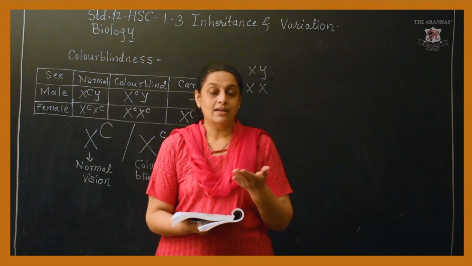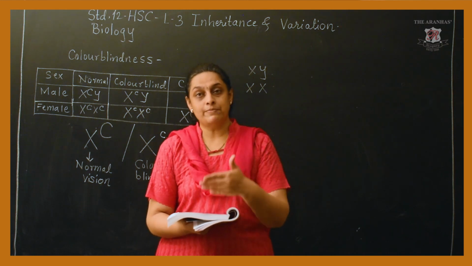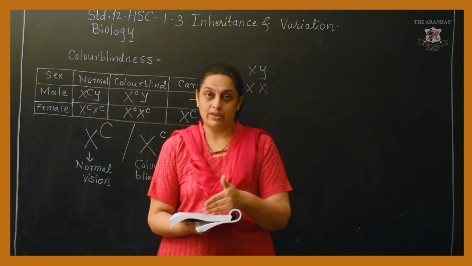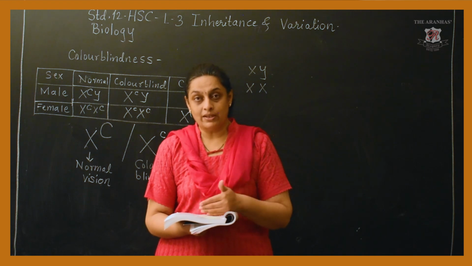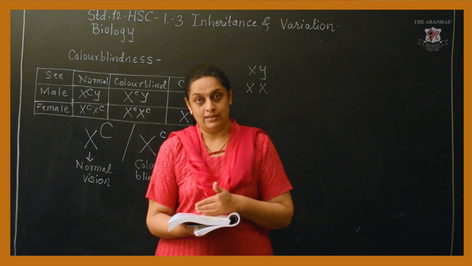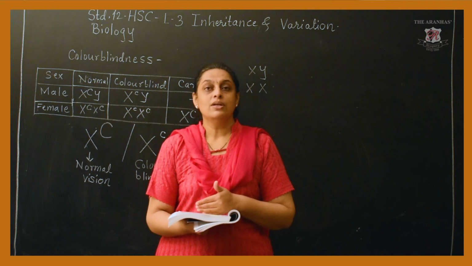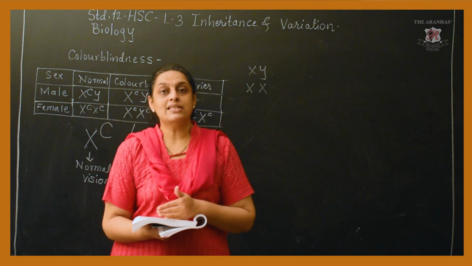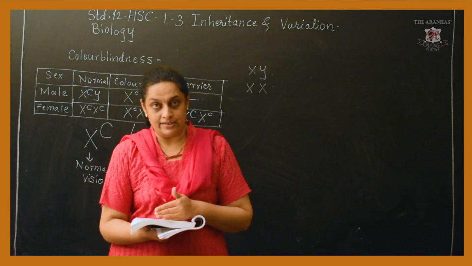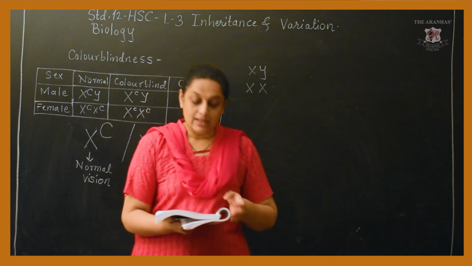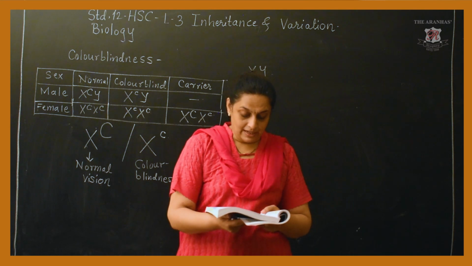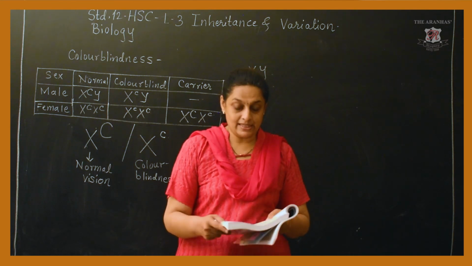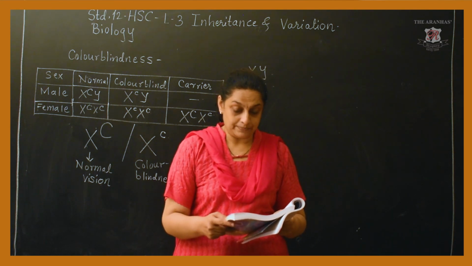So earlier the father transmitted the gene to the daughter and the daughter to her son. Okay, so this pattern is called criss-cross inheritance. Okay, now we will see another example, that is hemophilia.